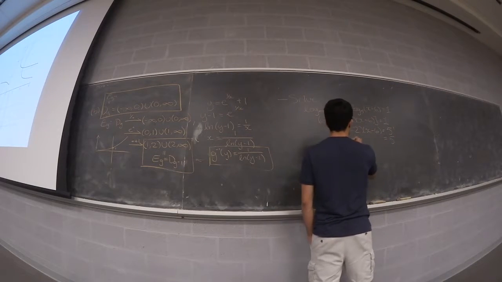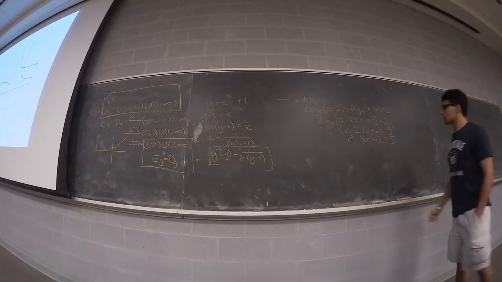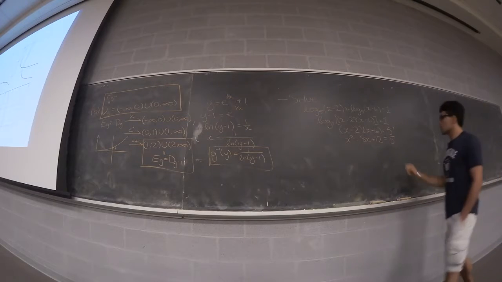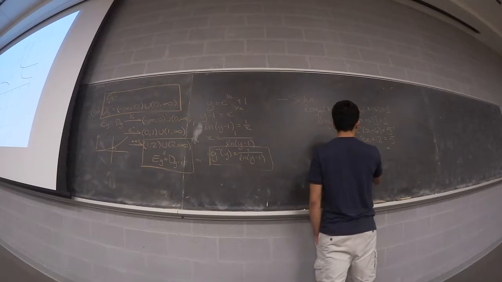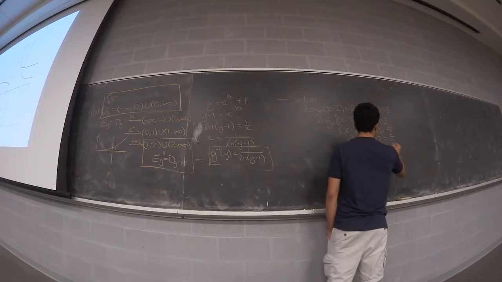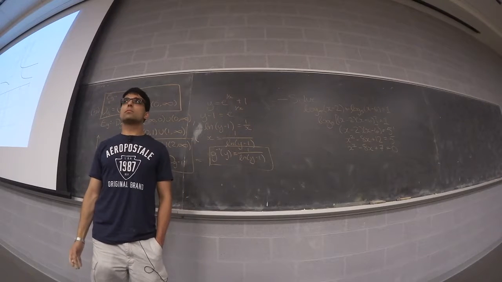Okay, here we go. x squared minus 8x plus 12 equals 5. Subtract 5 from both sides. All right, what does that do? Who has a solution?